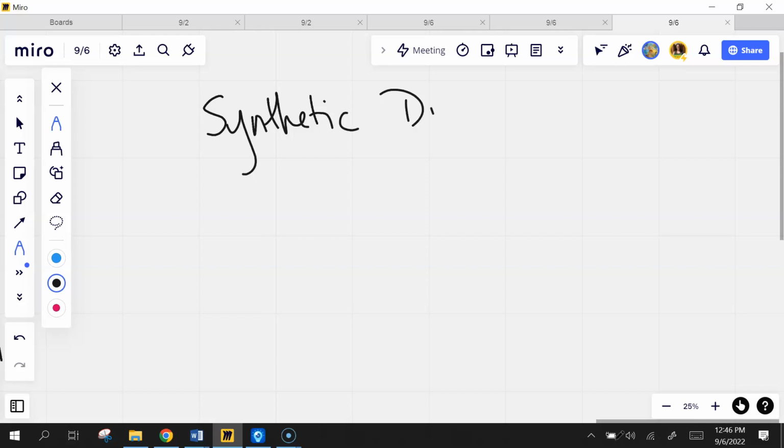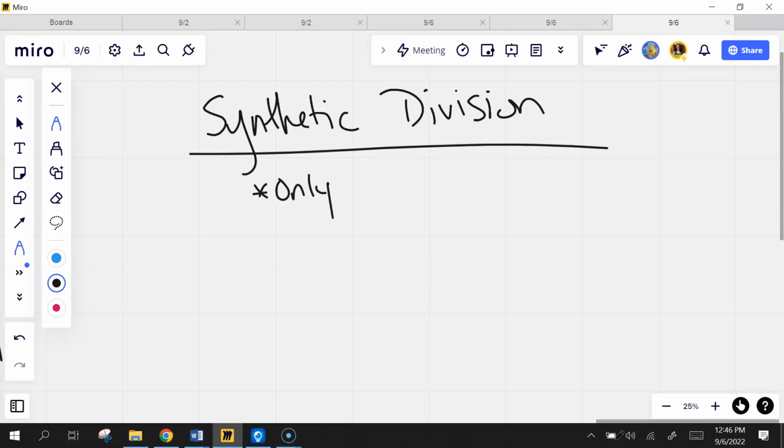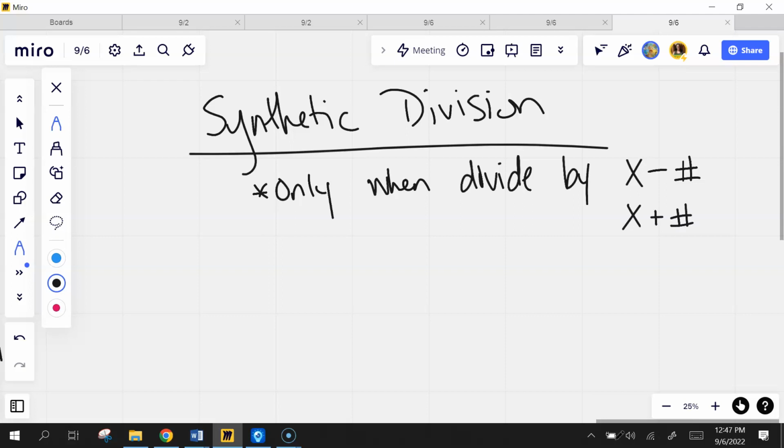What is that situation? Only when you divide by x minus some number or x plus some number can you use synthetic division. There can be no number in front and there can be no exponent. It's just x minus something or x plus something.